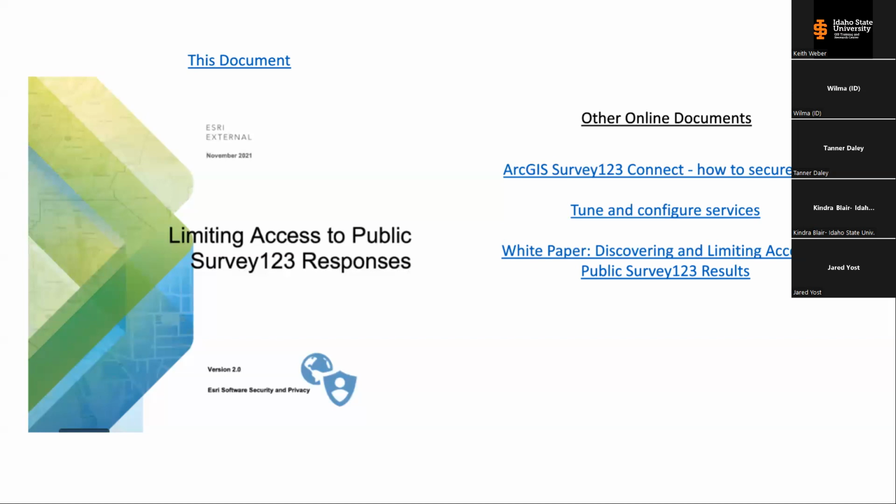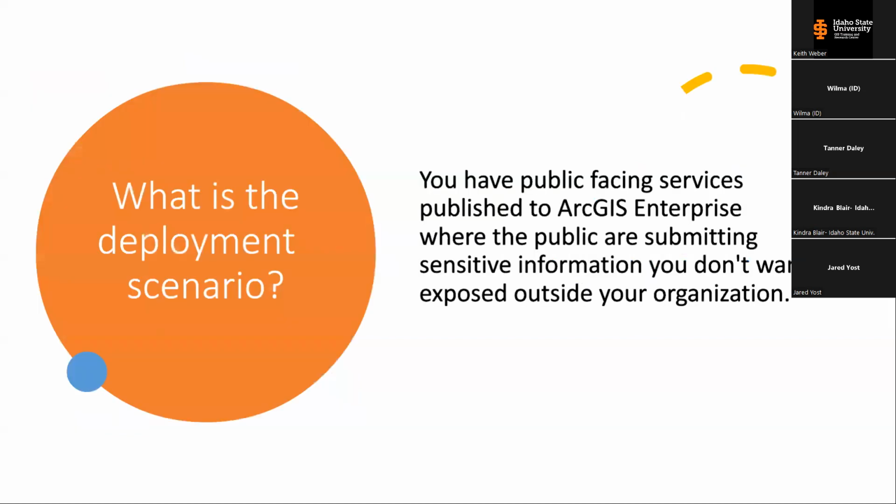There are some other online documents: ArcGIS Survey123 Connect, how to secure data; a tune and configure services help doc; and a white paper that Esri also has. But like limiting access to public Survey123 responses, details specifically for ArcGIS Enterprise service deployments are missing. So that's why I wanted to talk specifically about this today.